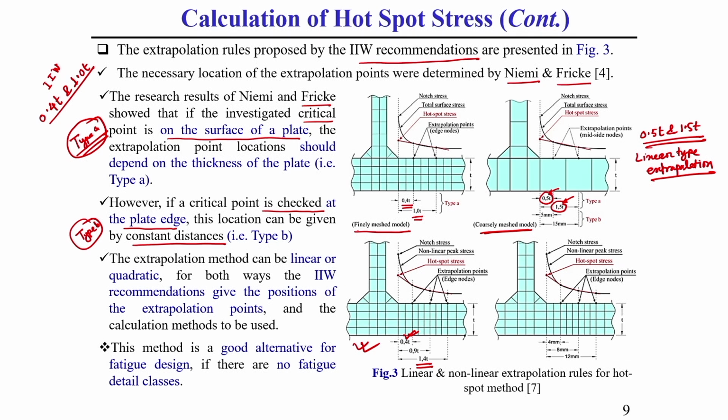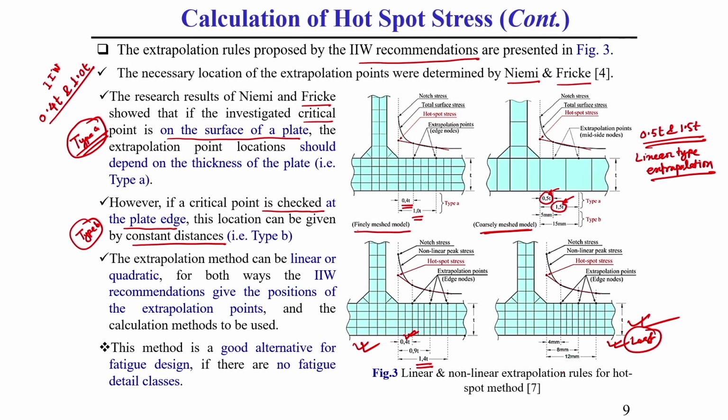Whenever the distance taken from the toe location is a function of t, this method is used in the case of type A hotspot stress calculation. But for a constant distance, like you see in the last figure, this is the type B stress calculation.